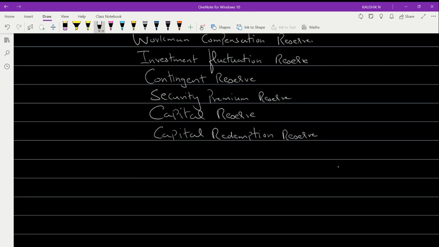Followed by that, another reserve by the name debenture redemption reserve.